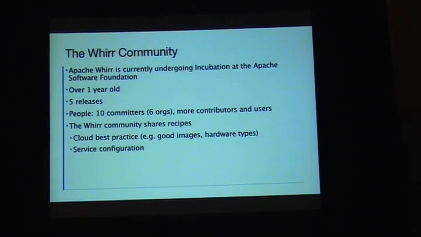Which hardware type works well with Hadoop? Which hardware type works well with ZooKeeper? The answers are different for those different services. And also, how do you configure a particular service to run in the cloud? Cloud hardware has different characteristics to regular hardware, and sometimes the default configurations don't work, and Whirr's a good project to share that kind of knowledge.